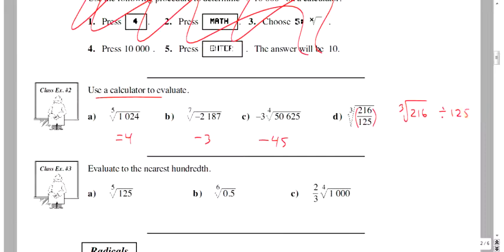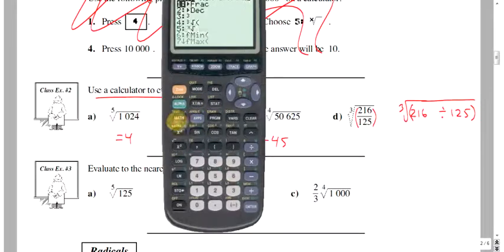And that's a completely different question than what this is, okay? If you put brackets there, then it says, okay, I want the cube root of the whole thing in there. All right? So, cube root of, this one already gives me a bracket, if you notice. 216 divided by 125, close the bracket. That's the cube root of the whole thing.